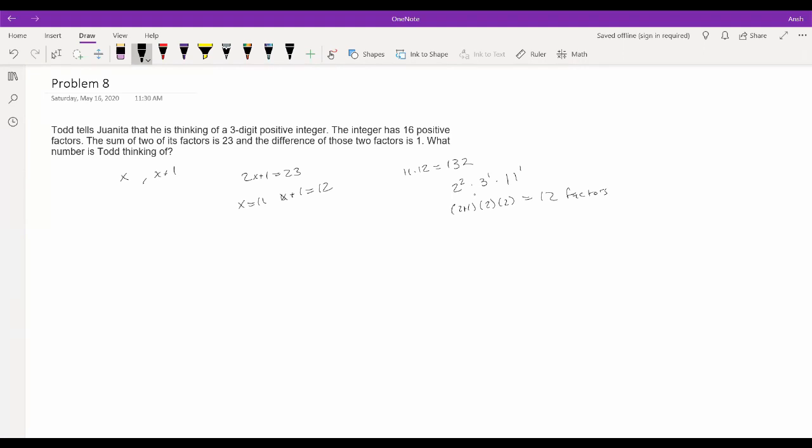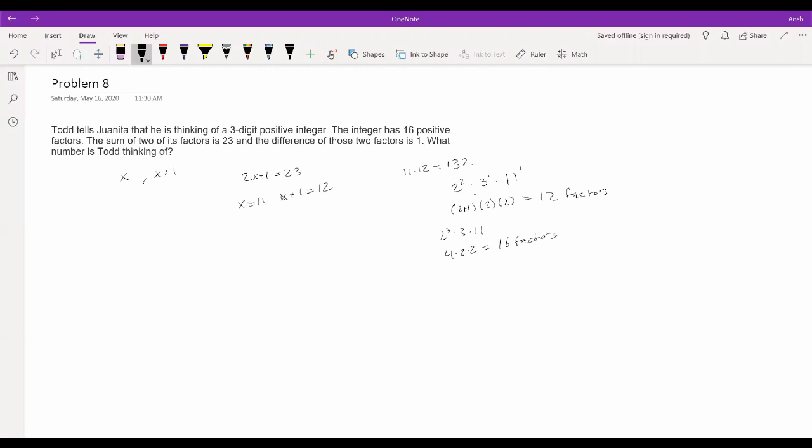So we want to find a multiple of 132 which has 16 factors. We can increase the number of factors by multiplying by 2, 3, or another prime. If we multiplied 132 by 2, this would get us 2 cubed times 3 times 11, which would get us 4 times 2 times 2 equals 16 factors, which is what we wanted.